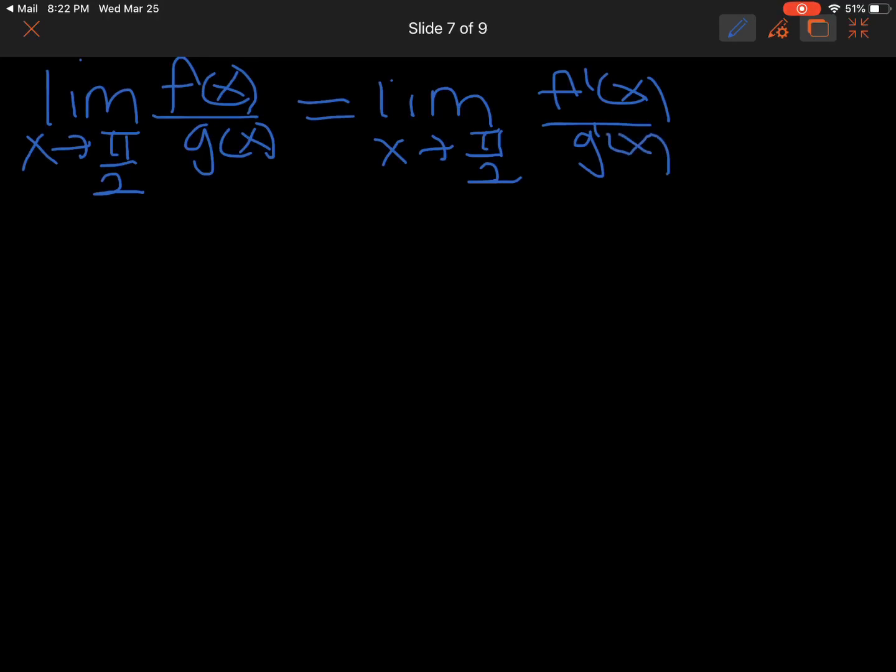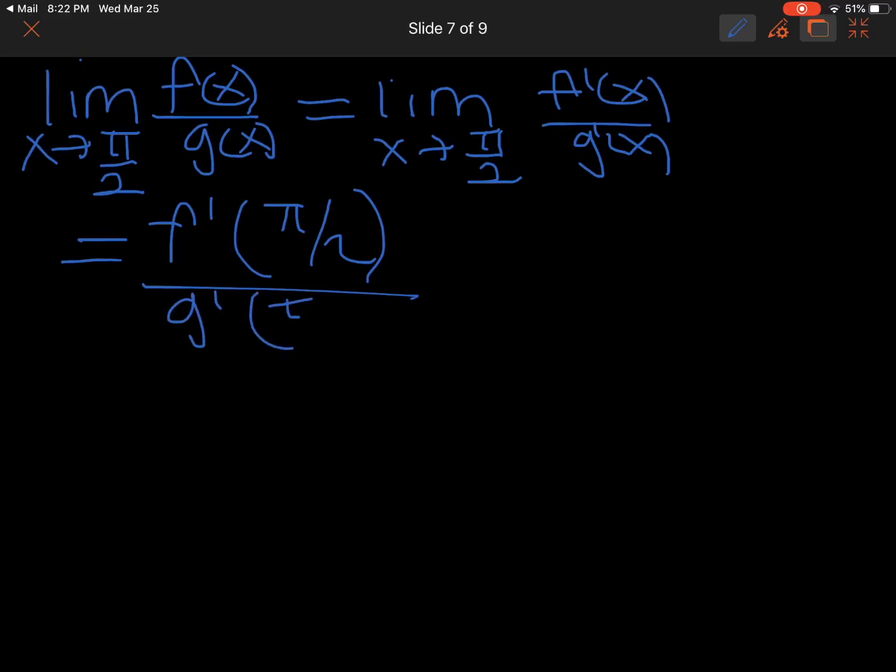And since both functions are continuous, we know this is equal to f prime of pi over 2 over g prime of pi over 2. So we do have to evaluate those. I told you from the graph earlier that g prime of pi over 2 is equal to 2. So we're good on that.